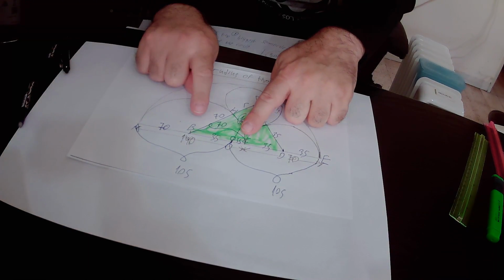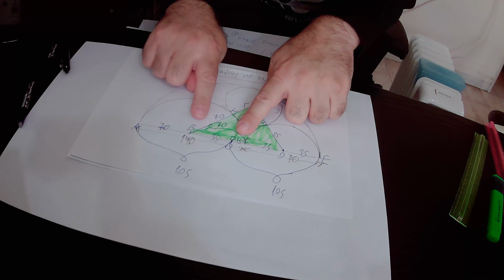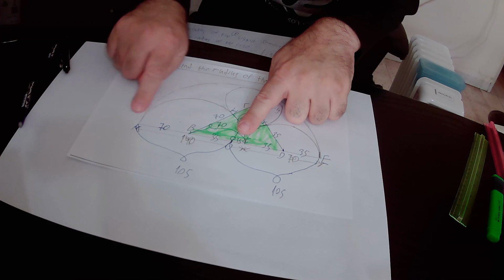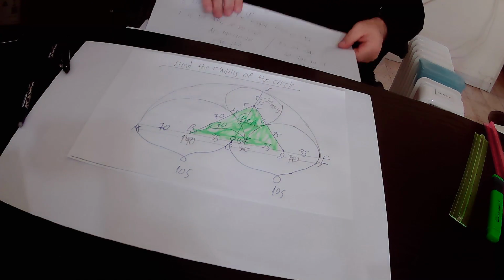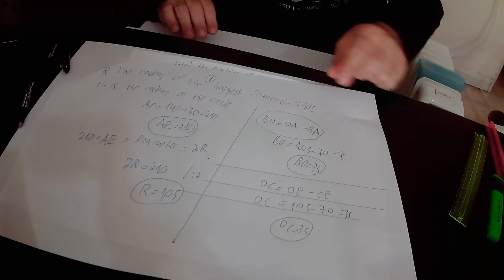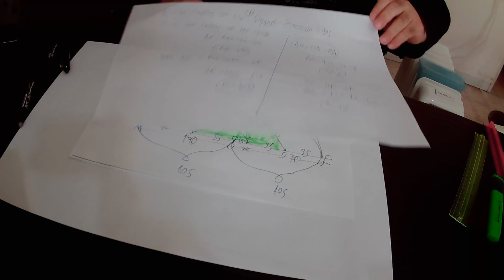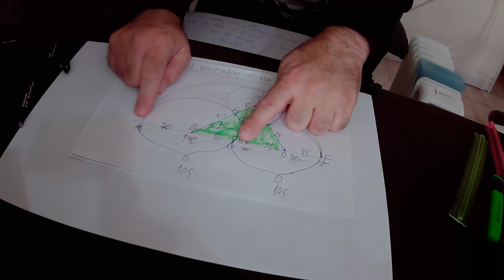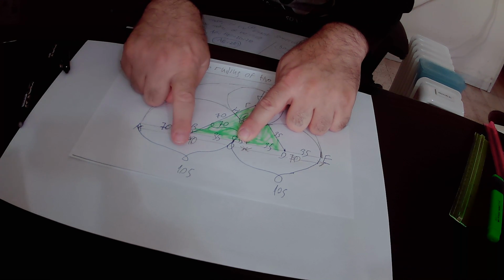In the next step, we calculated the length of this line segment BO. From the drawing, it is very easy to see that BO equals OA minus BA. Repeat again: BO equals OA minus BA. OA is the radius of the biggest semicircle, capital R, which is equal to 105 units.